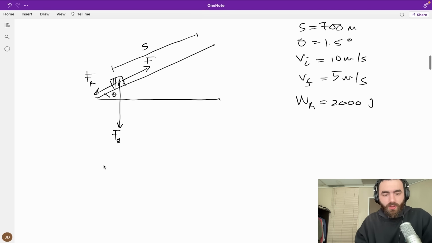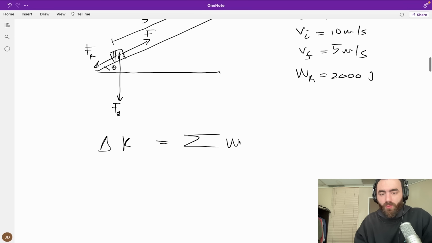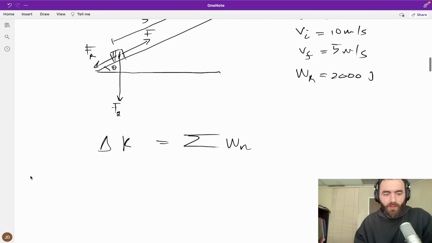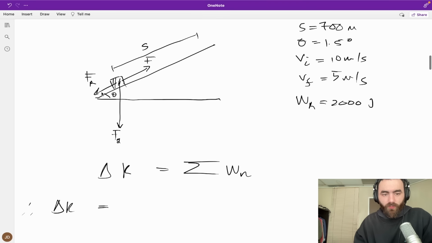Well, the change in kinetic energy of an object is equal to the sum of all of the work. So therefore, the change in kinetic energy. Okay, so what forces do we have here?